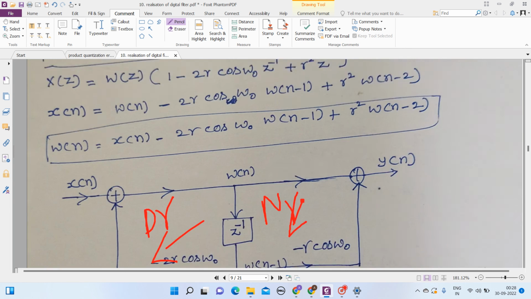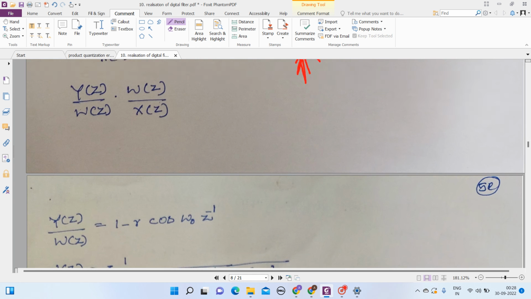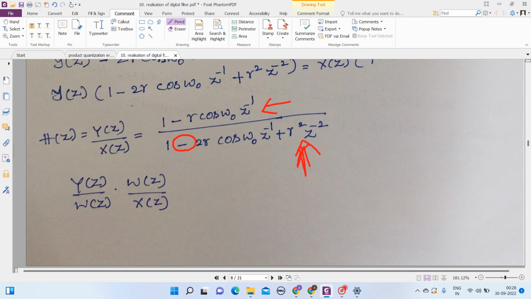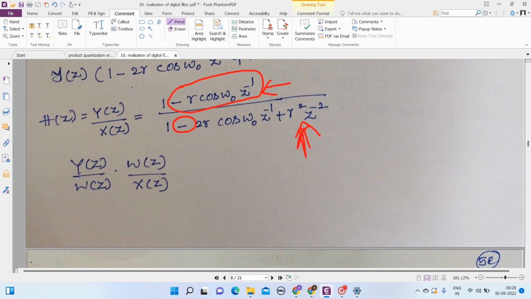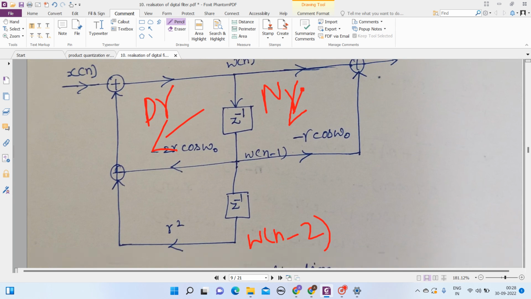This is the y of n output. W of n is combined with minus r cos omega naught. See, minus r cos omega naught. Here also there is no need to change the equation. We have to write it directly as it is without changing the equation, right? Minus r cos omega naught.